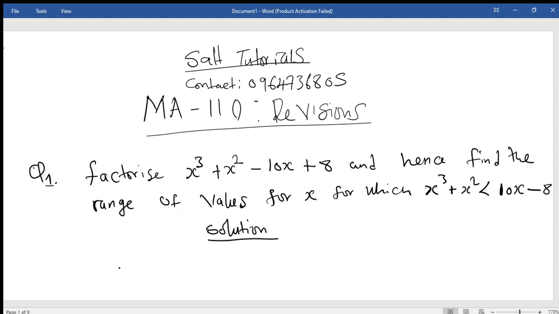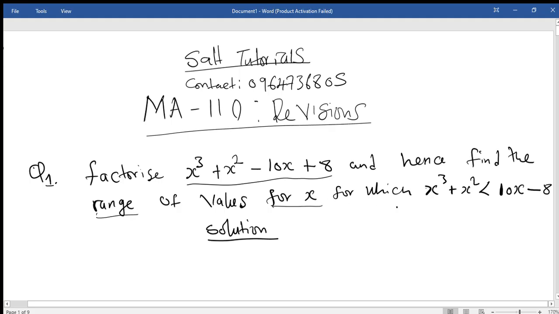There's a question there where it says, factorize x power 3 plus x squared minus 10x plus 8. So the first part here we are saying we have to factorize this polynomial and then hence find the range of values for x for which this should be satisfied.